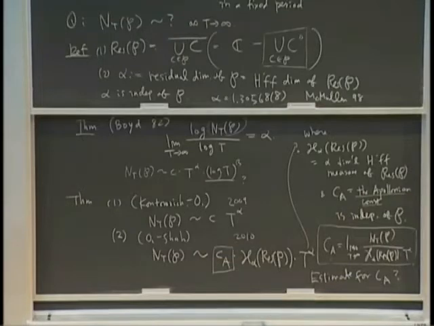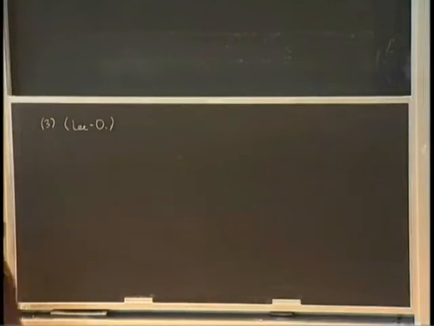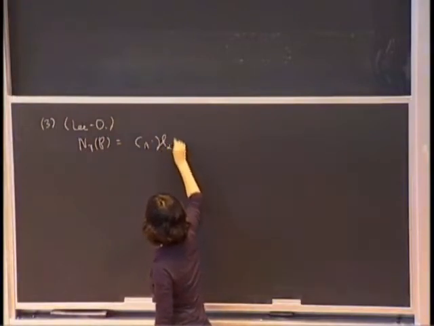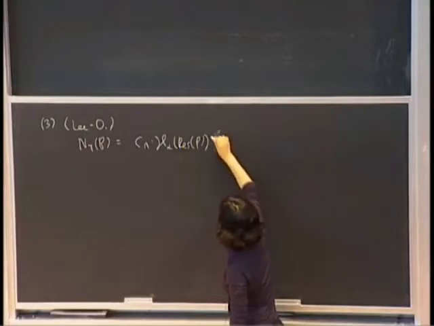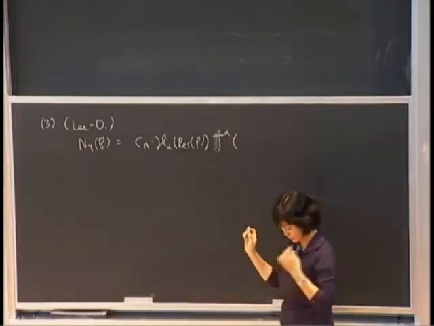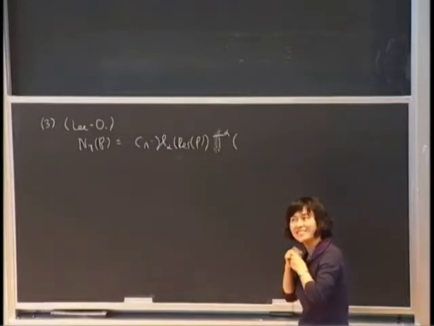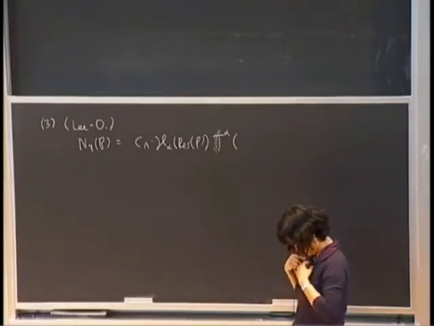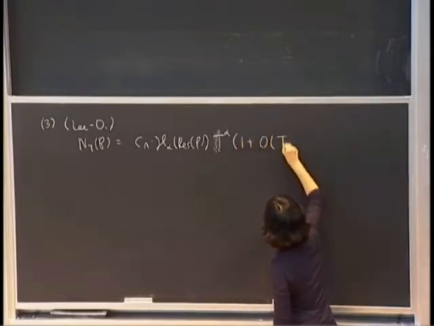And now very recently, with Minni, we obtained the error term in this counting result. So now we can say N_T(P) equals C_A times H_alpha of the residual set of P times T to the alpha, times 1 plus O(T to the minus eta).